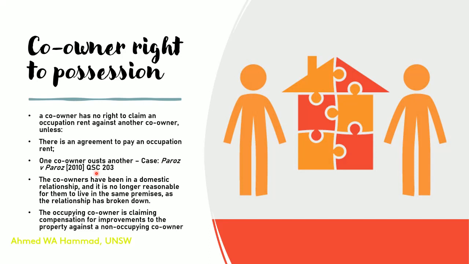So there's a co-owner that doesn't live in the property, and a co-owner that lives in the property improved, sort of refurbished, the house or the unit that they live in. So in this case, to claim compensation for the money that they spent in terms of refurbishment, they can claim that occupation rent.